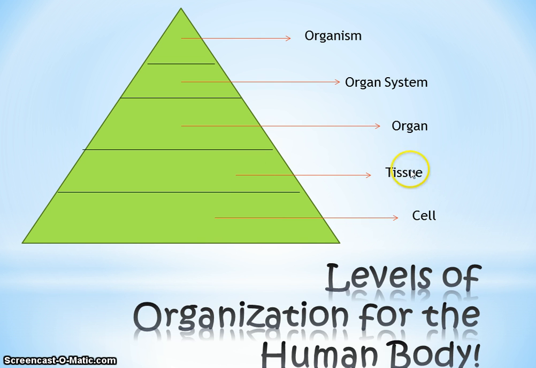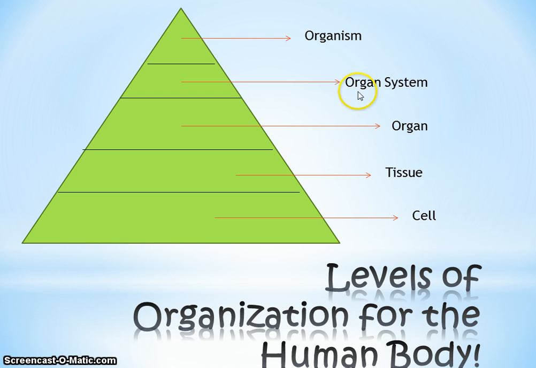Then if you put a bunch of tissues together performing a common function, the next step up is organs. And if you put a bunch of organs together performing a similar function, you go up to the next level, which is the organ systems.